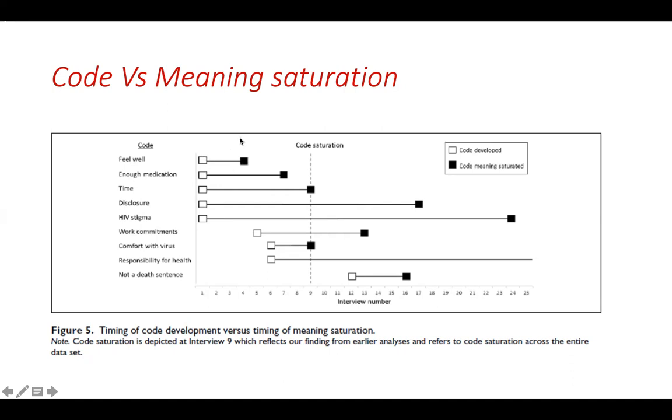Some participants may explain that they feel physically fit, some that they feel mentally great, or others that they have a very balanced lifestyle and feel good. So even within the feeling well code, we can have different meanings that we assign to this code. To achieve meaning saturation, maybe we can plan for 3 additional interviews.